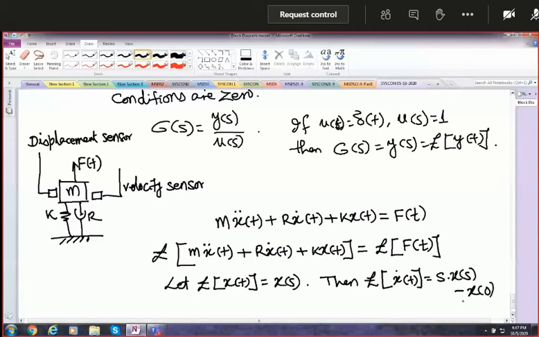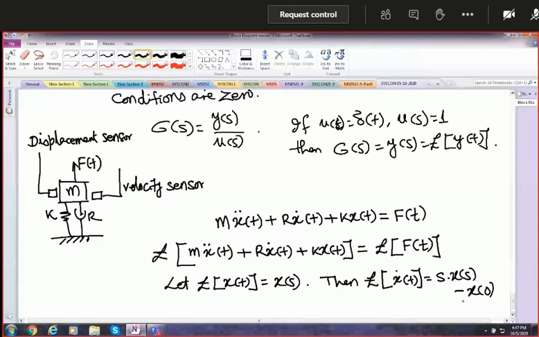So what is our U(s)? This is our input. What is Y(s)? Y(s) is equal to X(s), that is, displacement sensor, or output.